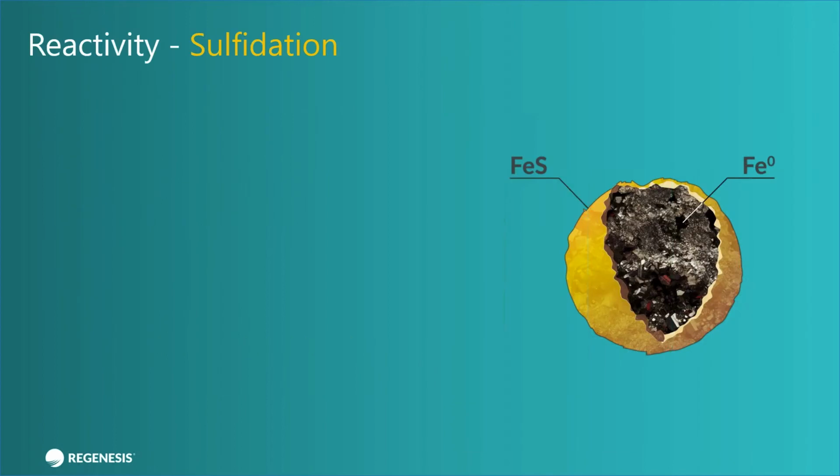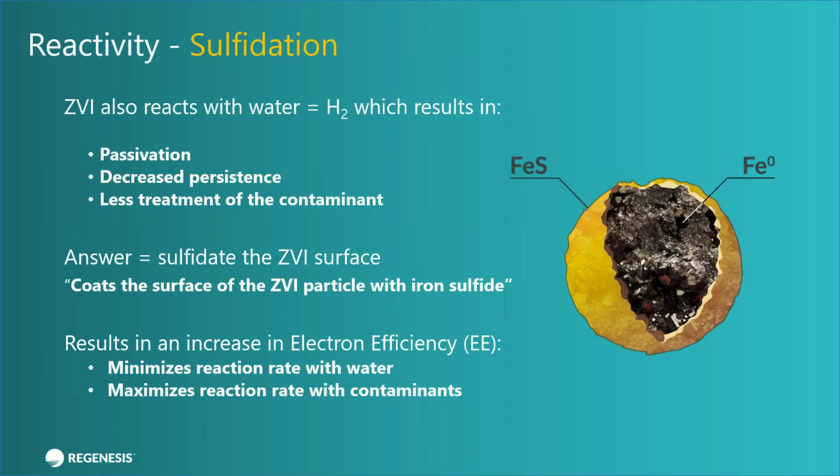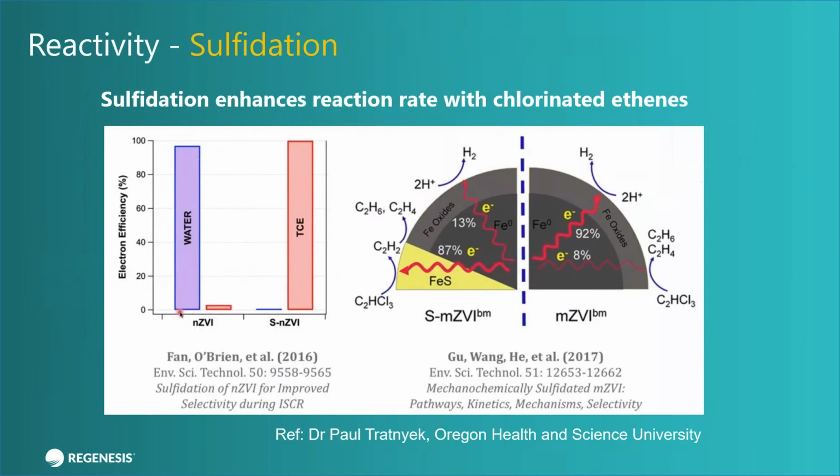The reason why we've sulfidated it, you may have come across other ZVI products before. We've sulfidated it to reduce passivation. So ZVI in its raw form wants to react with everything. It's an incredibly reactive reagent, including water, which results in hydrogen being produced. If you sulfidate it, however, you can divert that electron exchange. So if you look at the second image there, sort of like half a pie chart, if you like.